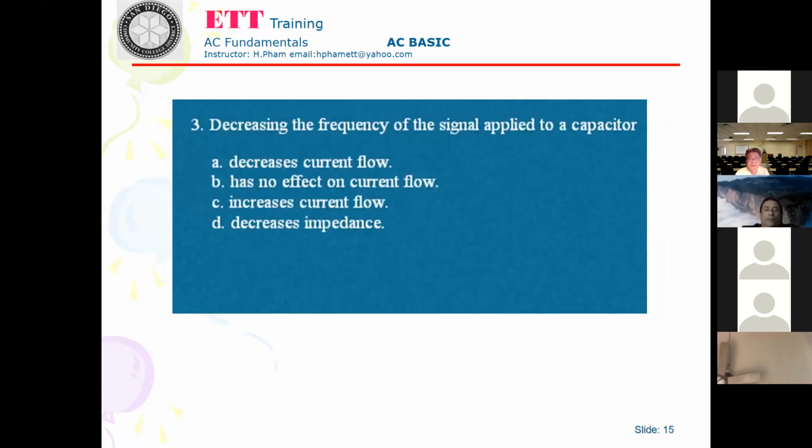Okay, decreasing the frequency of the signal applied to a capacitor: you decrease the current, has no effect, increase the current, or decrease the impedance?